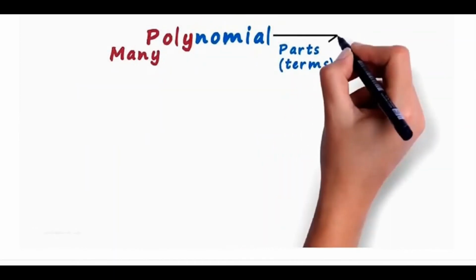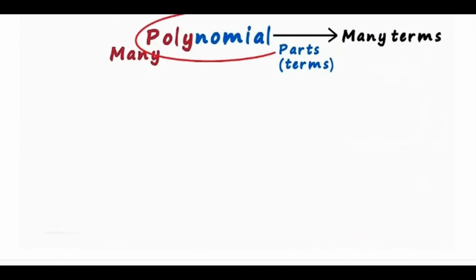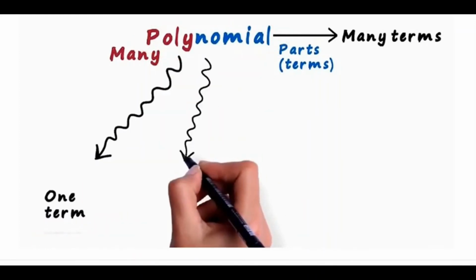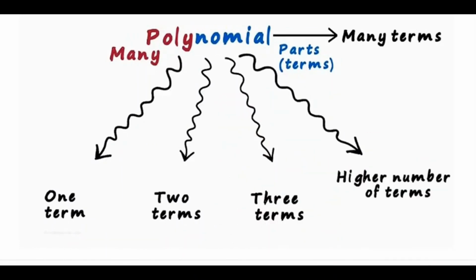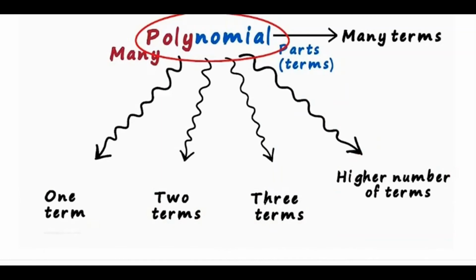And that's how the word polynomial comes about. There are different types of polynomials. A polynomial can be an expression with just one term, or two terms, or three terms, or maybe even a greater number of terms. All these categories come under one roof, which is the polynomial.